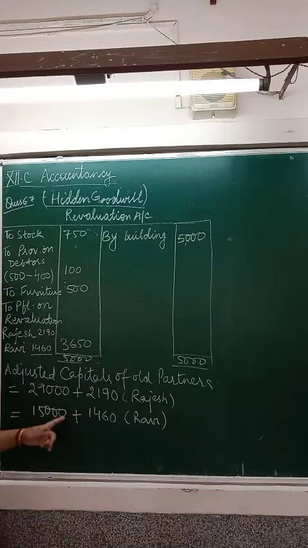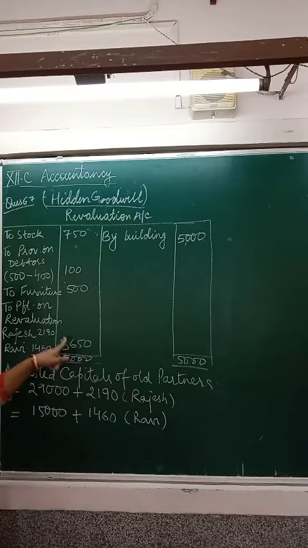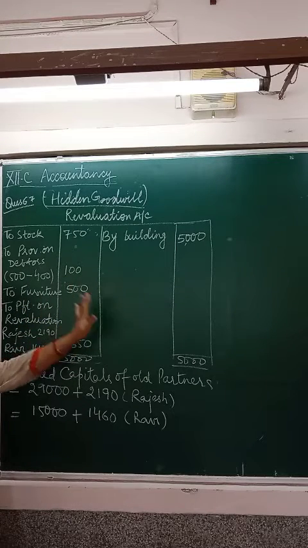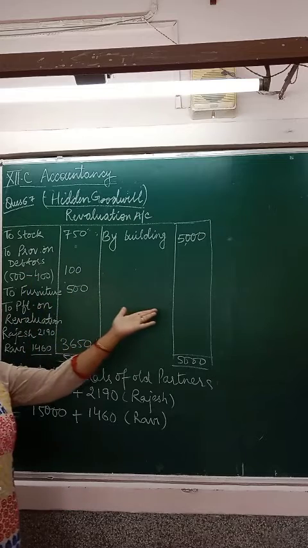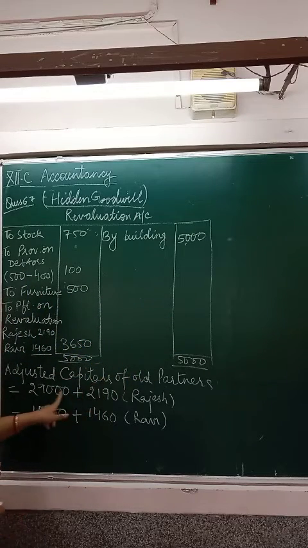Why have we adjusted these? Because old profit plus old adjustments, the profit of revaluation, is all related to the past entries or the past things which have happened in the old firm. So this is also to be added to the old capitals.